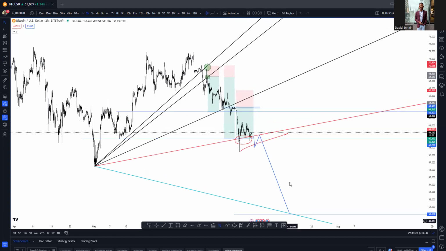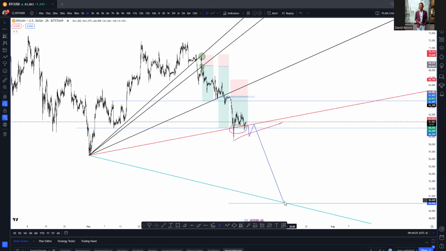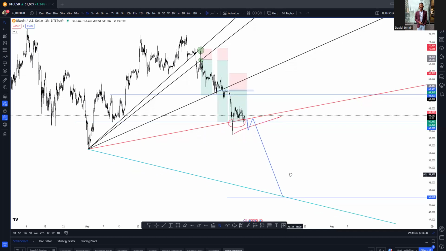But for a 50K break, we need to see this push to this level here. Because I am bearish on BTC, this was a good buy. You can look to take a buy here, but I'm not sure what BTC would do from here, especially as it has not even started doing anything. It has not taken out any of these highs here.